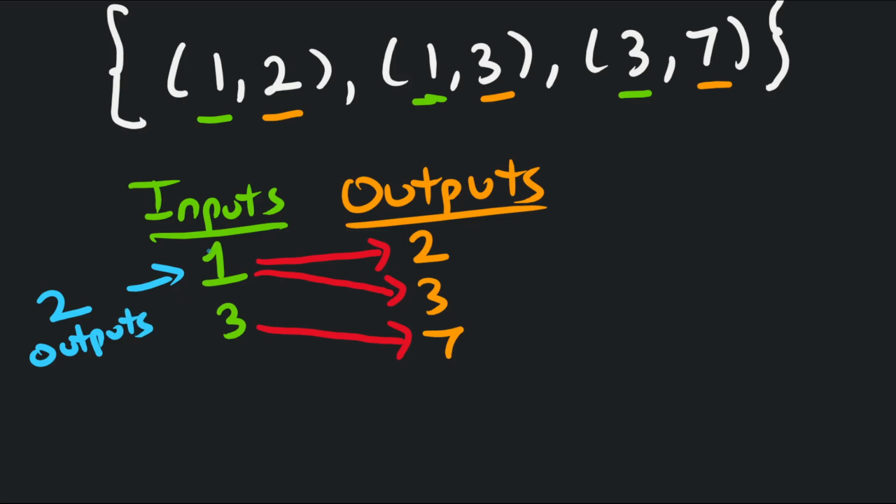This single input, 1, has 2 outputs. Therefore, this relation is not a function. It's simply just a relation that is not also a function.